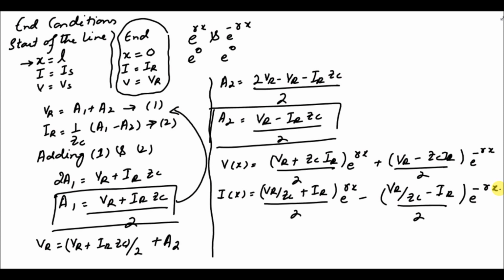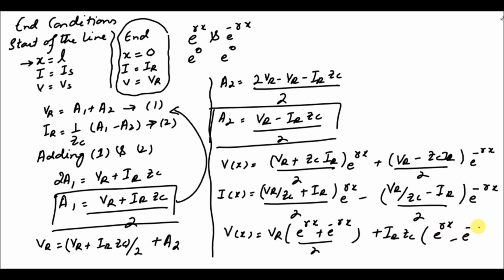Now after rearranging the equations, we will get the formulas in terms of cos hyperbolic and sin hyperbolic. For example, for Vx, the formula will be VR into (e raised to gamma x plus e raised to minus gamma x) divided by 2, plus IR ZC into (e raised to gamma x minus e raised to minus gamma x) divided by 2.